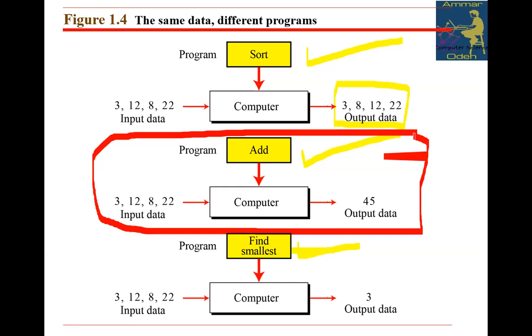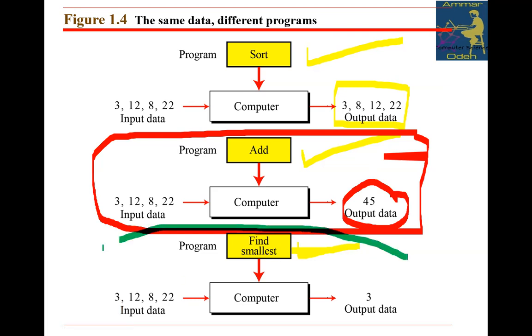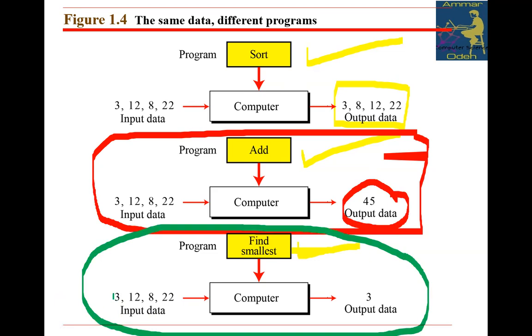Add will collect all the data and then find out the result of the addition, which is 45. In the second stage, we talk about, or we call a program called find smallest that receive the 4 inputs and then find out the smallest value.